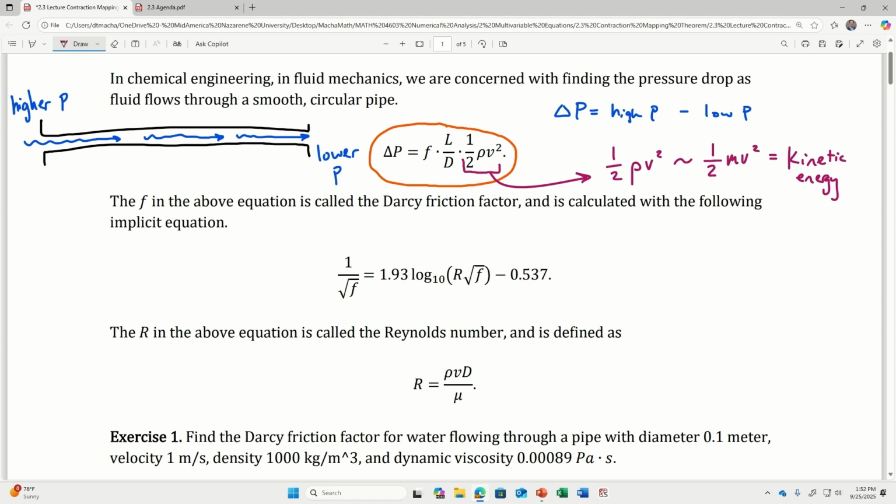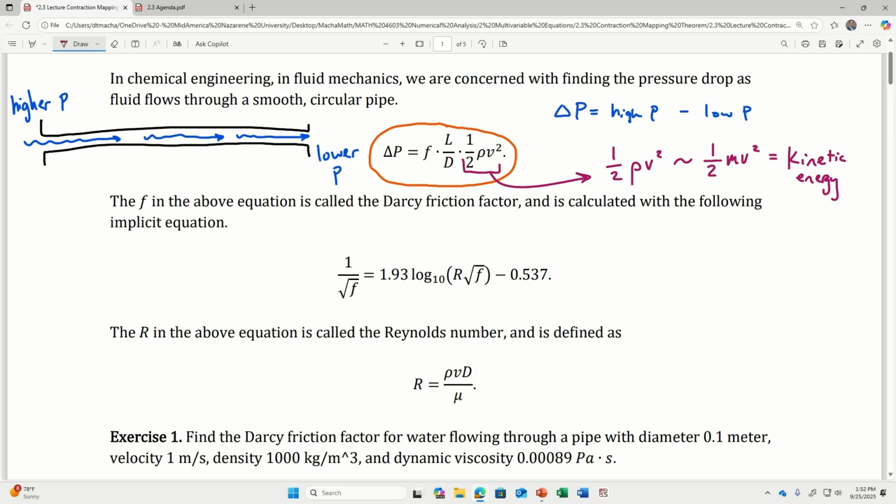That's quantified using the Darcy friction factor, and there's a lovely equation for it, shown right there in the middle of the screen: 1 divided by the square root of f is equal to 1.93 times log base 10 of capital R times the square root of f, minus 0.537.